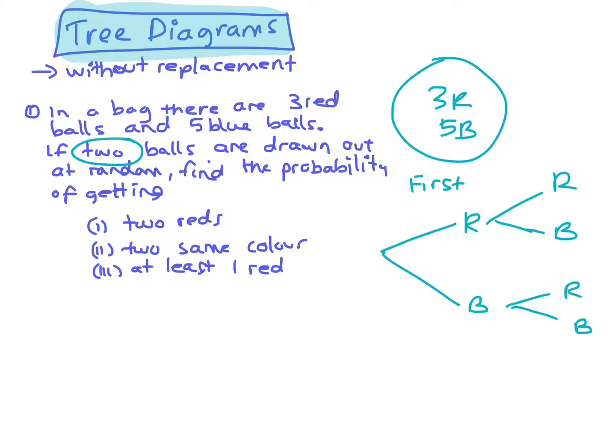Now on the probability tree, we're going to write down the probabilities. On the first draw, you've got 3 reds out of 8, because there's 8 in here altogether. That means there's 5 out of 8 blues. Now, when you go up one line here, and that's a red, you've taken a red out. So it's actually good to do the reds first. If you take a red out, that's 2 on 7.